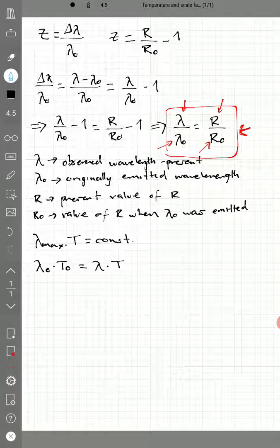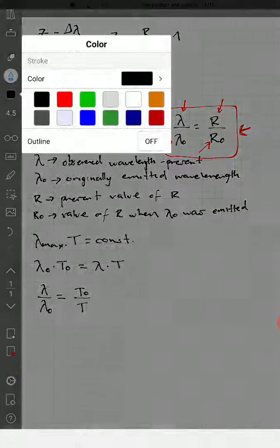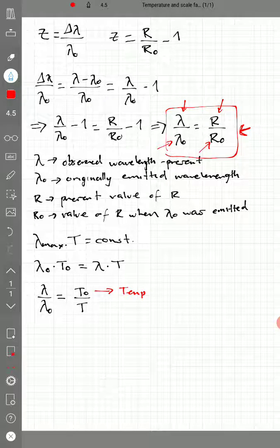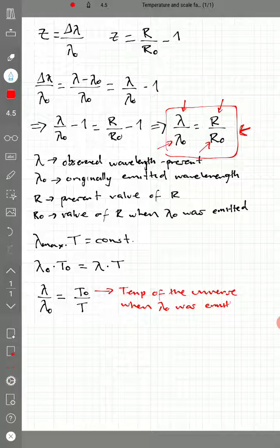So the ratio of lambda over lambda 0 from this equation can be written as T0 over T. What you need to remember is that this T is the temperature of the universe when lambda 0 was emitted, right?